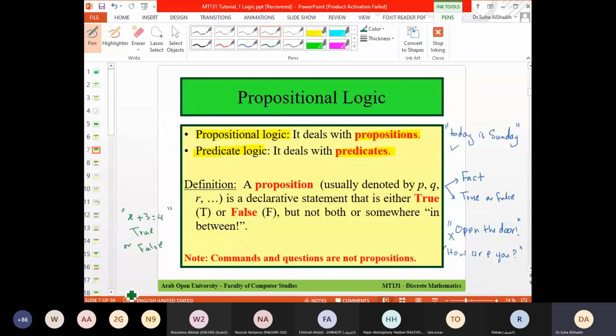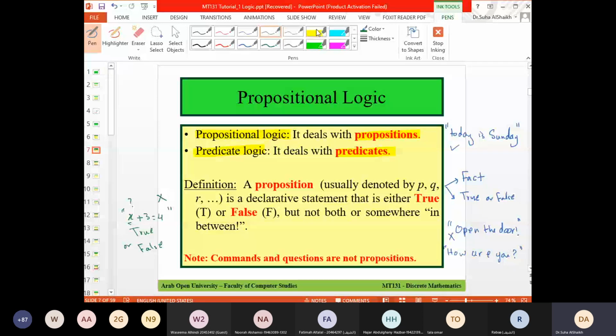Can I say it's true or false? I can't, right? Because I don't know what x is. Now if x is 1, it's going to be true. If x is 5, it's going to be false. So if I don't know x, can I tell it's true or false? I cannot. So this is an example of a statement that is not a proposition.